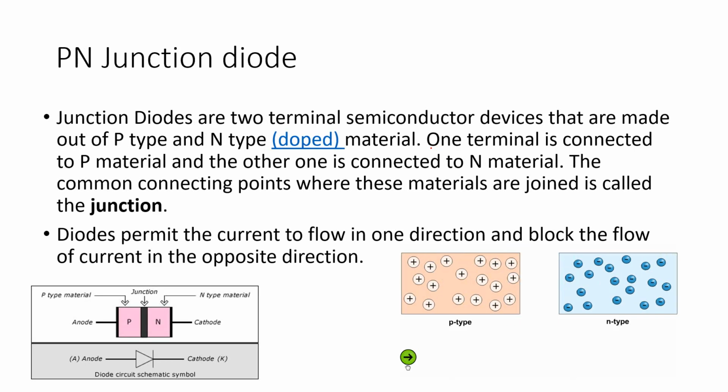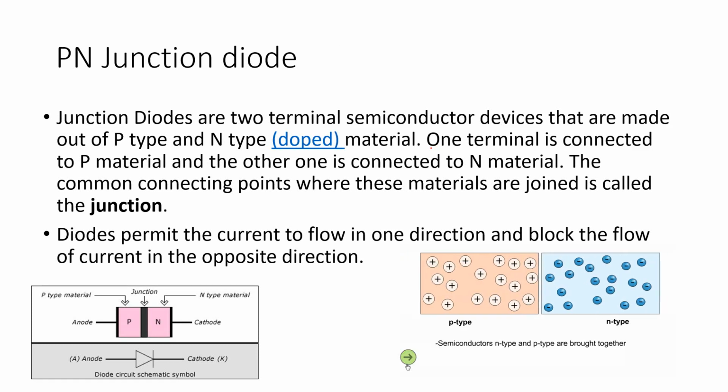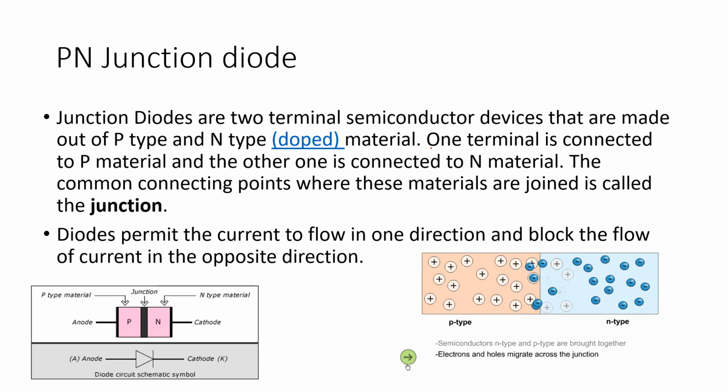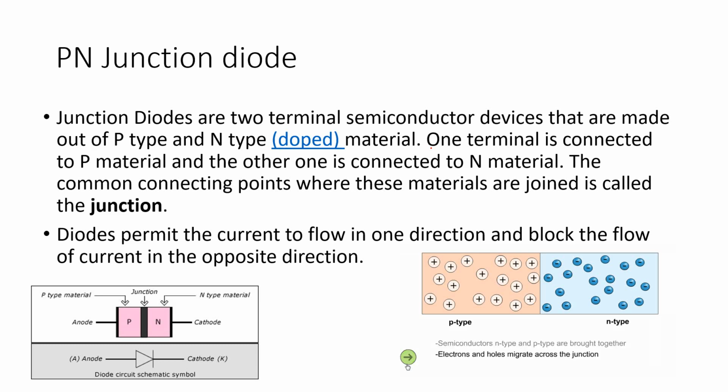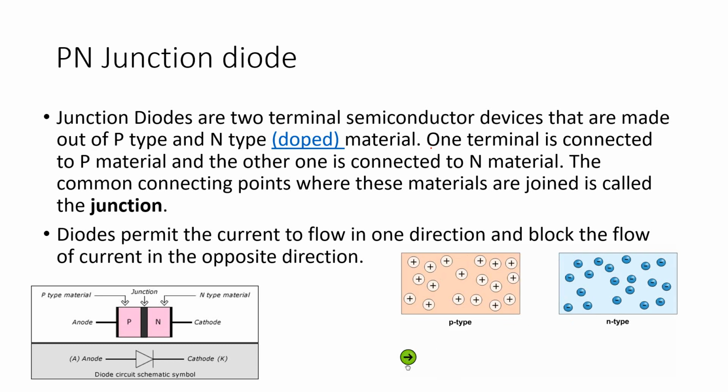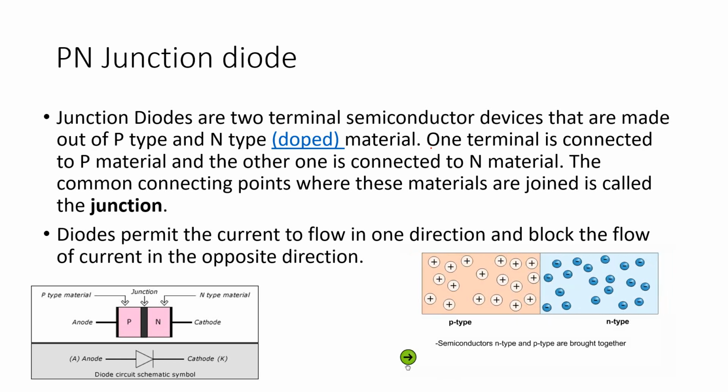Now we move on, because this is where it gets very interesting. What the people in Silicon Valley and the manufacturing industry have come to realize is that if I take an n-type material and a p-type material and sandwich them together, meaning you slab them together, you would now form what we call a PN junction diode.